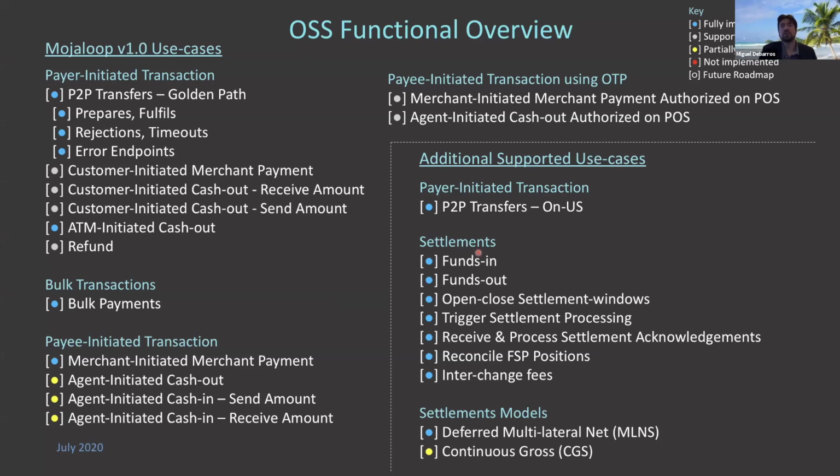It's worth mentioning some additional use cases here that are not specifically part of the Mojaloop specification. For example, we now support P2P on-us transfers, which is now configurable on the switch. Originally, the switch didn't support on-us transfers, and now it can be configured on installation whether you wish to support it or not.